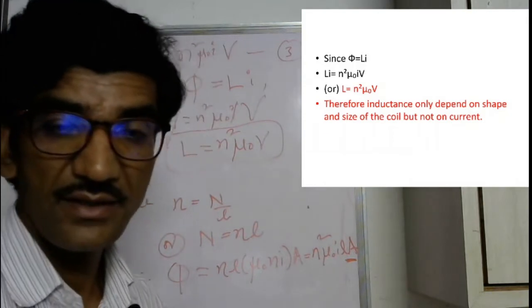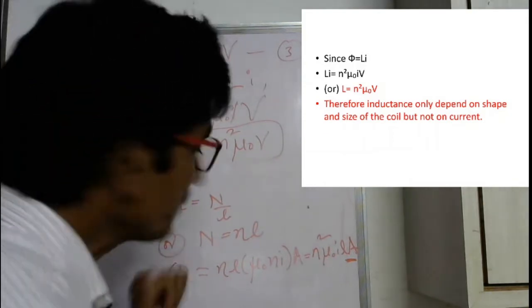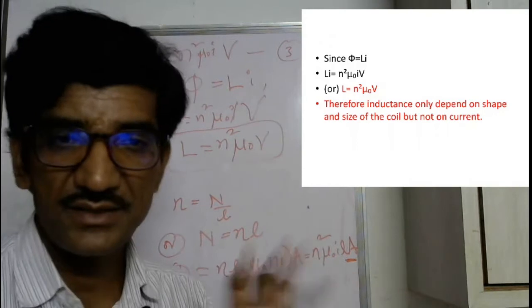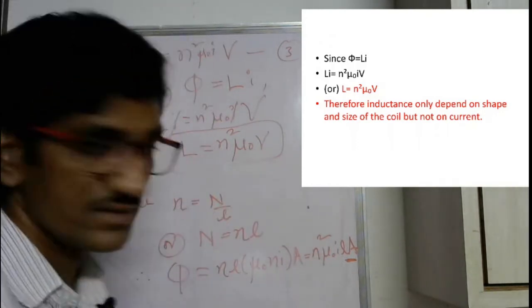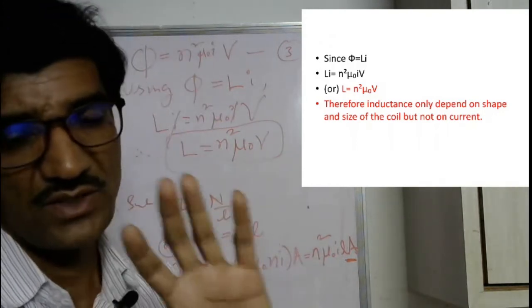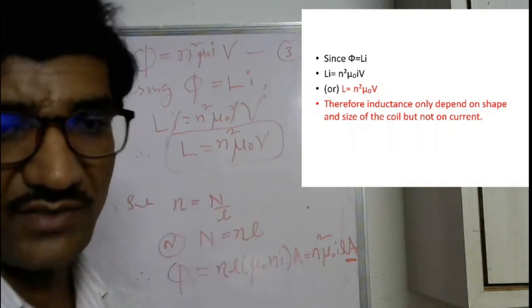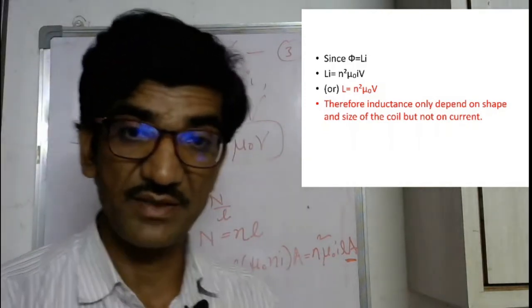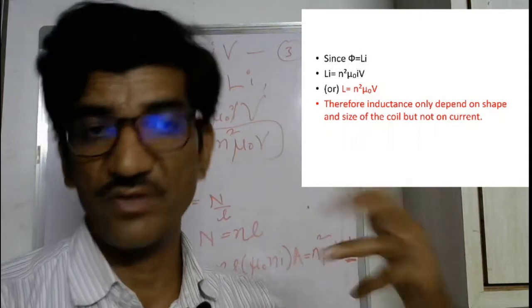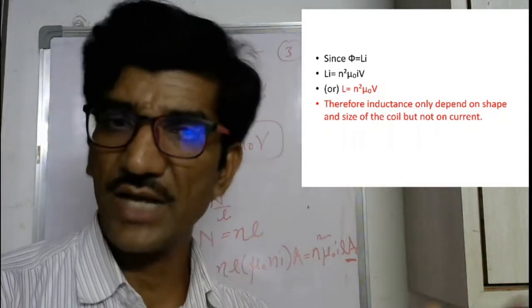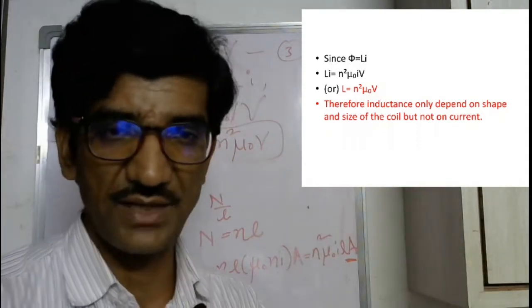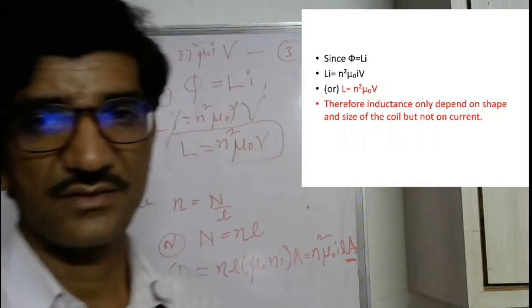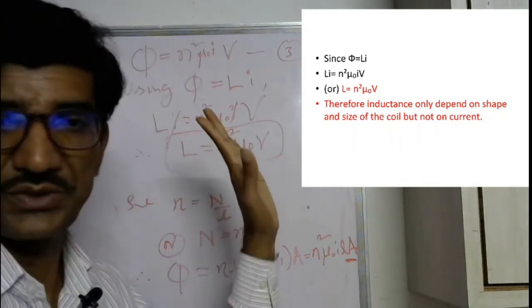So L is independent of the current. You have to note from this: this is a constant for one coil with a particular configuration or geometry. If you go for another coil, its geometry changes. That's why you have another inductance value for that coil. This you have to note.